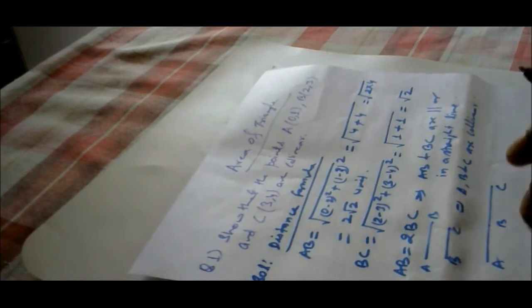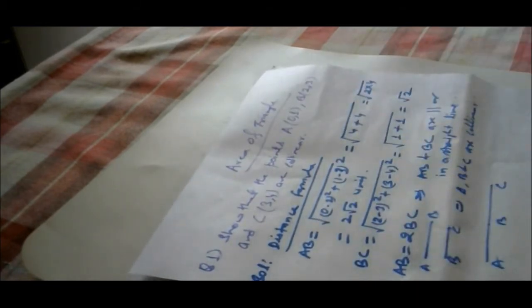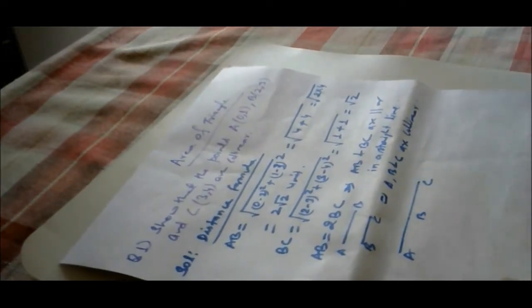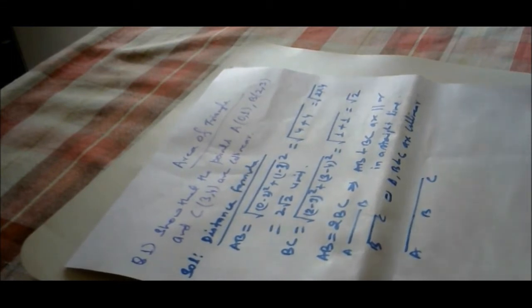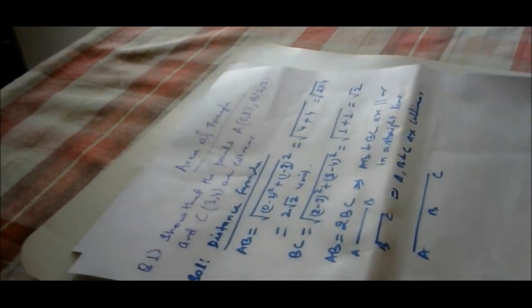So now with the help of area of triangle, we will prove that these 3 points are collinear when we find the area of triangle equal to 0.